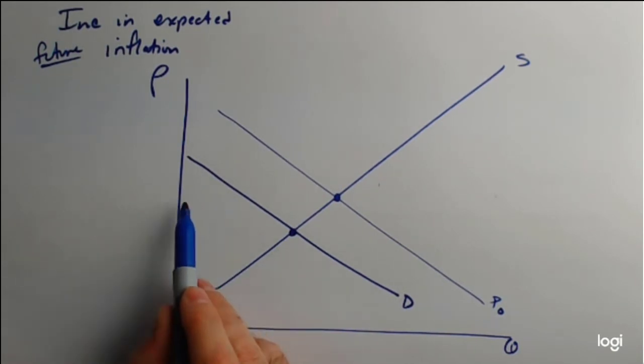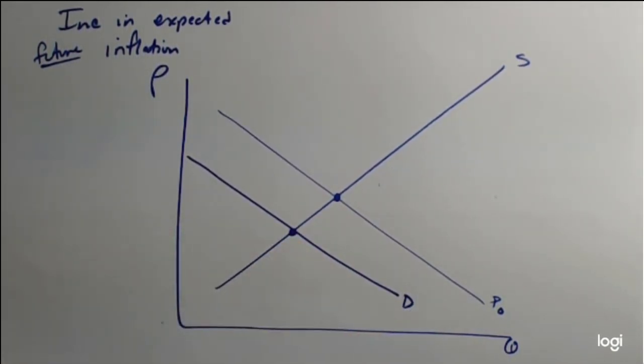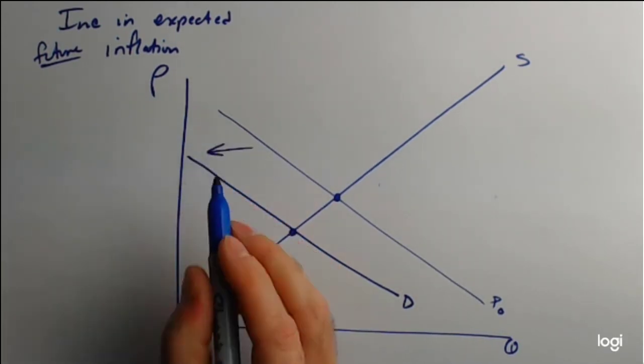At this point prices have gone down, and interest rates had to have gone up. The intuition goes like this: if you have a bond and all the payments are fixed and then inflation goes up, those payments aren't worth as much. So the demand for bonds shifts to the left.